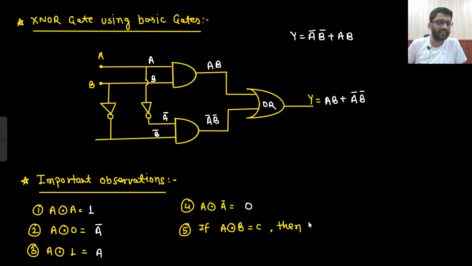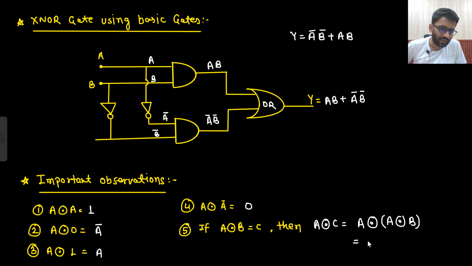If A XOR B is C, then what will be your A XOR C? A XOR C can be replaced with A XOR (A XOR B).